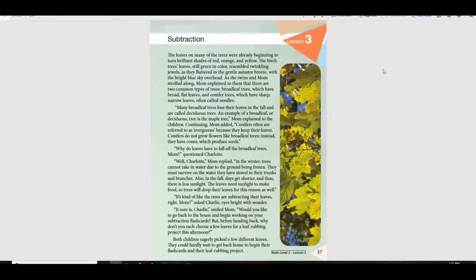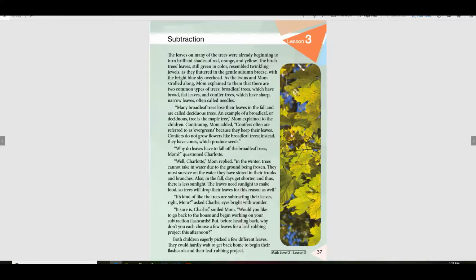As the twins and Mom strolled along, Mom explained to them that there are two common types of trees: broadleaf trees, which have broad, flat leaves, and conifer trees, which have sharp, narrow leaves called needles. Many broadleaf trees lose their leaves in the fall and are called deciduous trees. An example of a broadleaf or deciduous tree is a maple tree.